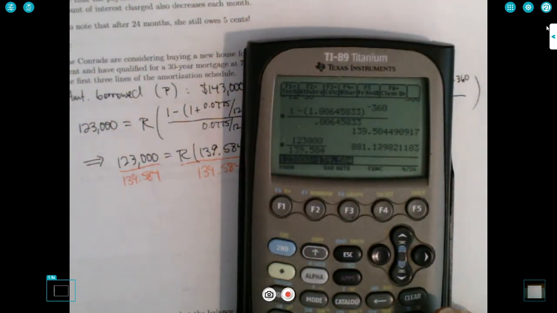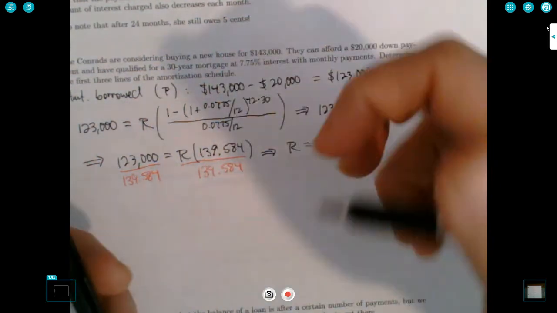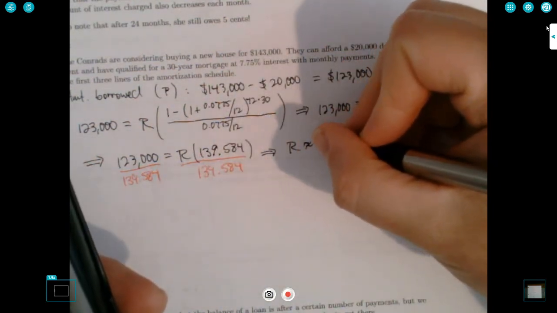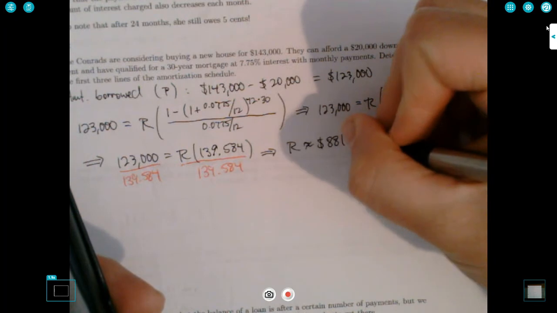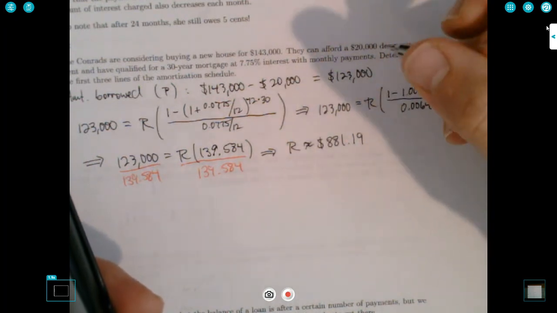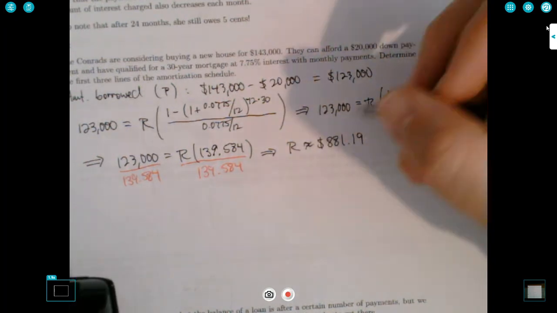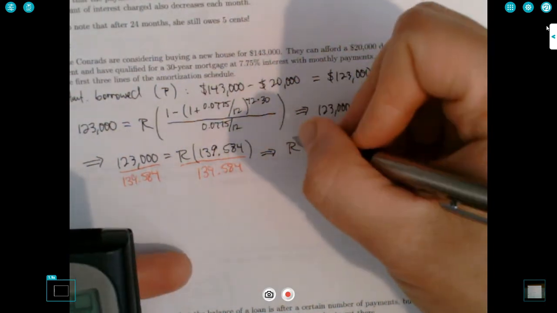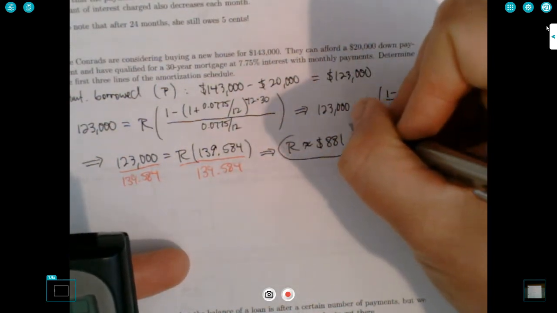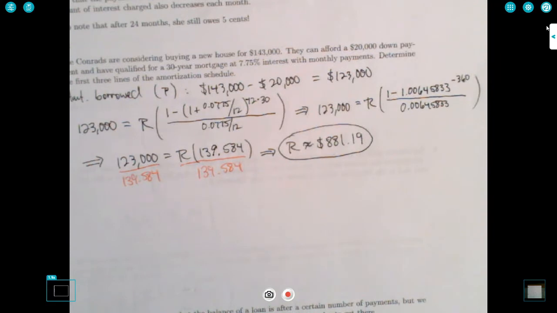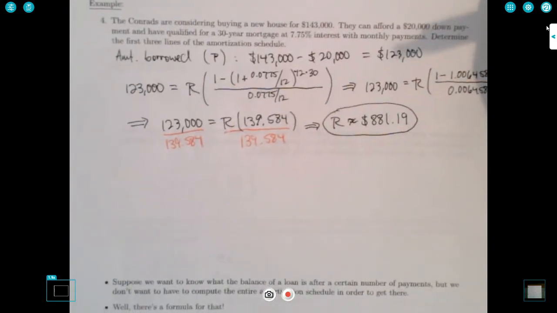And that comes out to $881.19 pretty much. Okay, so that's not our final answer, but that's going to be their monthly payment, right? That's how much they have to pay each month. So that's kind of nice to know.